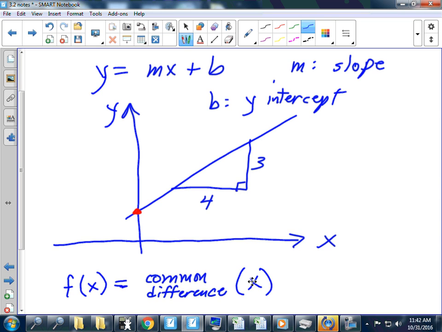And again, that was the slope. And then we're going to go plus the initial condition, and that allows us to talk about these linear functions really broadly about many different things. Okay?